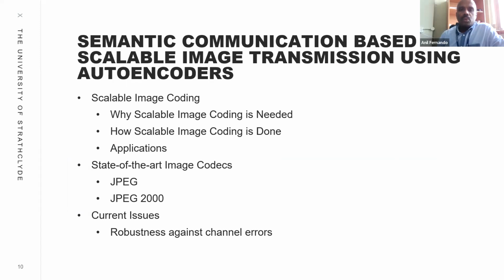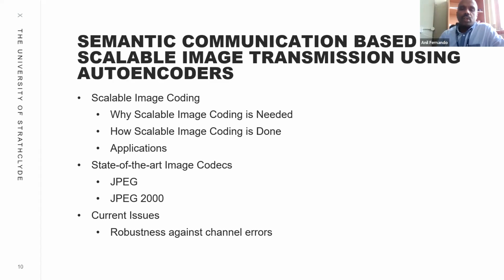Here we have used semantic communication enabled autoencoders to transmit scalable images between two points. Scalable image coding is quite important for different applications. In this part of the presentation, we consider only SNR scalable or quality scalable image transmission, and how that is impacted by the noise and the system performance.